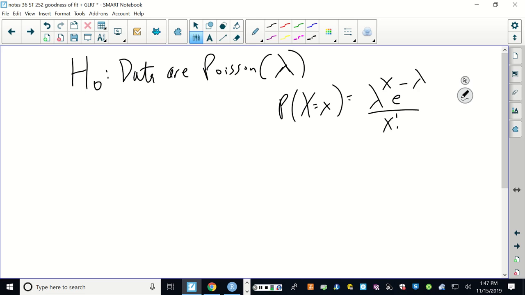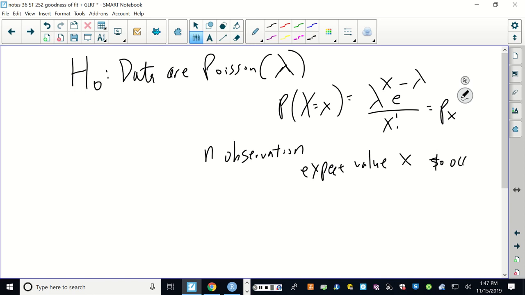So if you have n observations, we expect the value x, I'm going to call this just a little p of x for the probability we get x, to occur on average n times p of x times. So if we knew lambda, you could tell me how many times out of, say, 100 observations you would expect to see 0, or 1, or 2, or something like that.